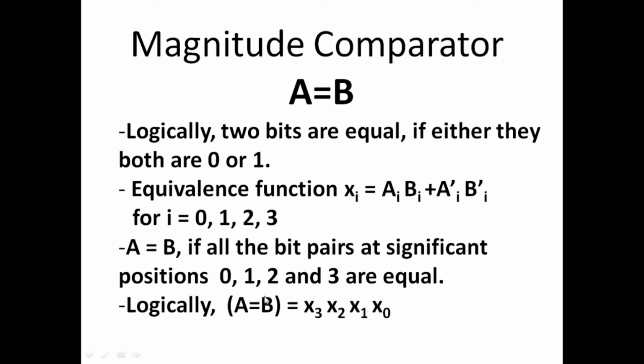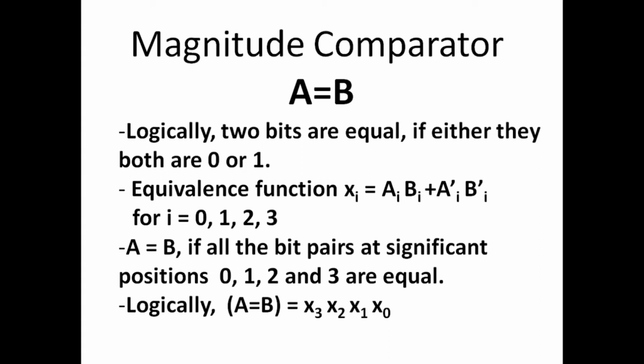Logically, if we want to state that A is equal to B, let's suppose A equal to B is a Boolean variable. We could have used a single letter variable as well, but this variable A equal to B is more meaningful, so we are using it.